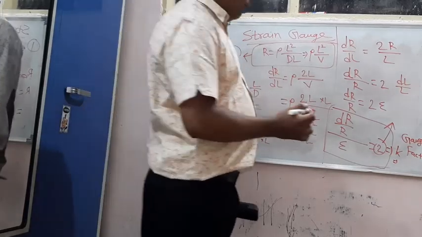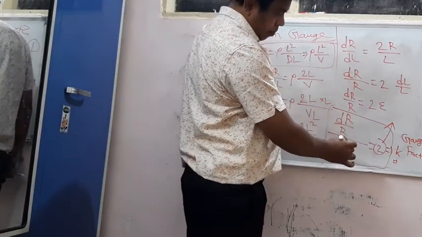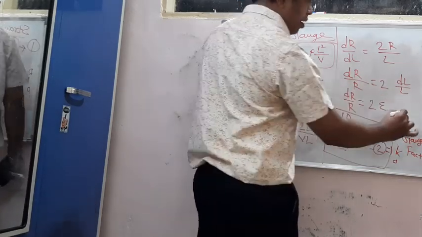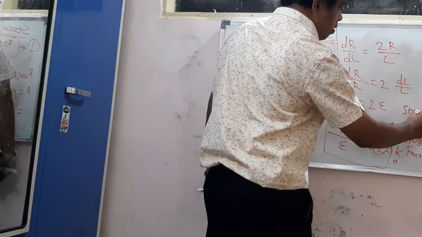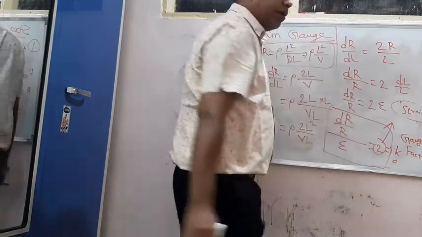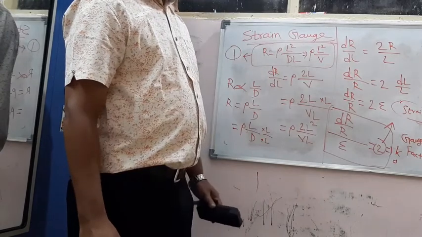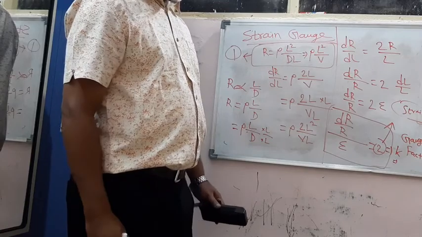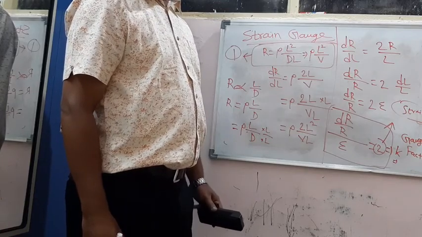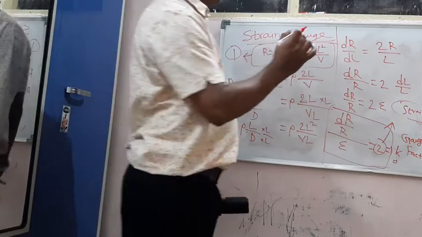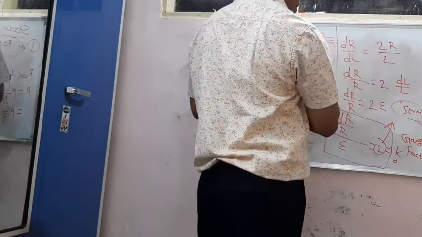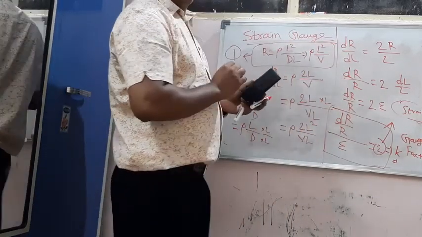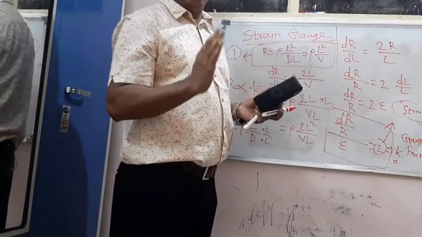Okay. So here dL by L is nothing but strain, epsilon. So for metals and semiconductors, the value of gauge factor is different, and mostly for metals, the gauge factor value will be from 2 to 3.